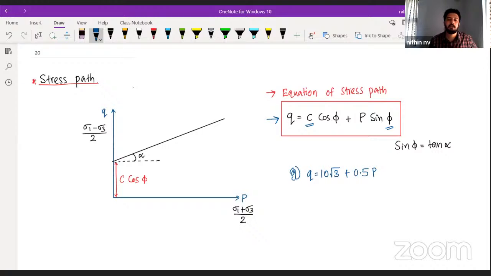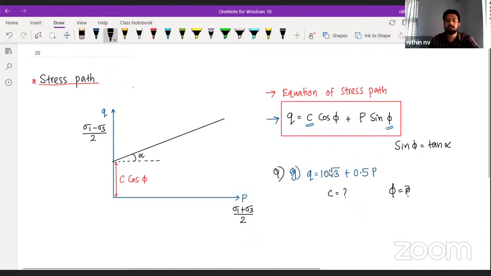As simple as that. For example, I have written one sentence here. The equation of a stress path is given by Q is equal to 10 root 3 plus 0.5 P. It's an example question. What will be the shear strength parameters C and phi? If they are asking such a question, how can we calculate? Very simple.